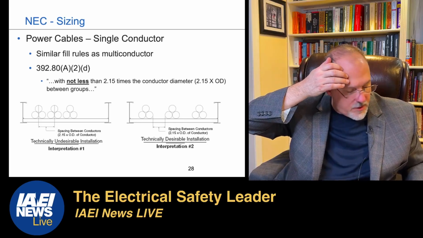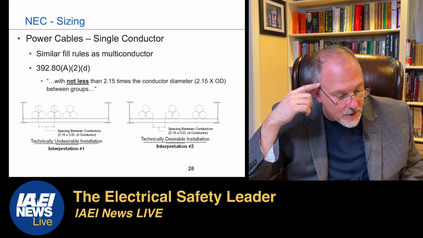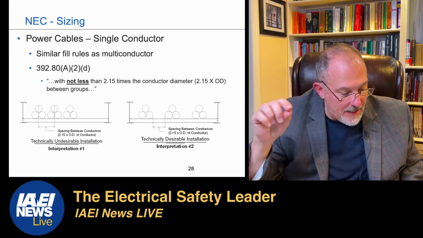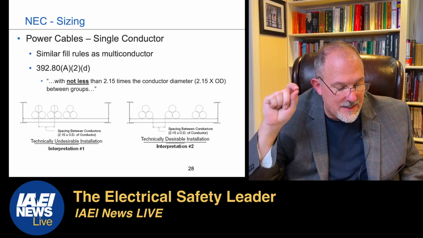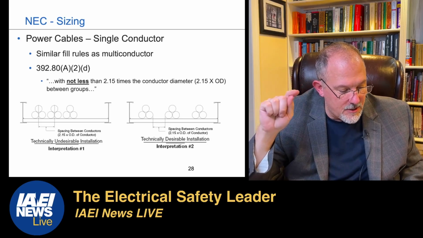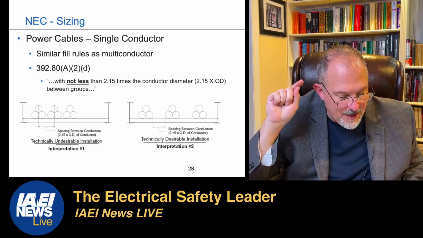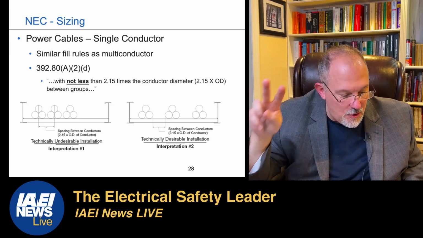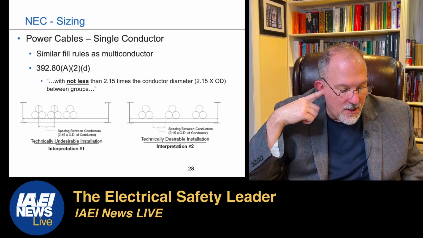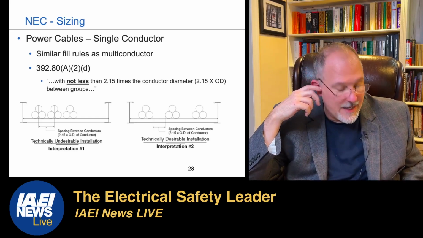And then D, where single conductors are installed in triangular or square configuration in uncovered cable trays with a maintained free airspace of not less than 2.15 times one conductor diameter of the largest conductor contained within the configuration and adjacent conductor configurations or cables, the ampacity of 1/0 and larger cables shall not exceed the ampacities of 2 or 3 single insulated conductors rated 0 through 2,000 volts supported on a messenger in accordance with 310.15. Woo! That's a mouthful.